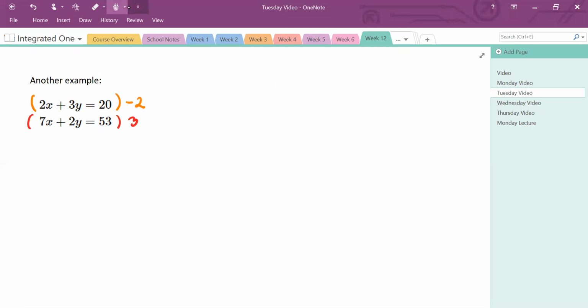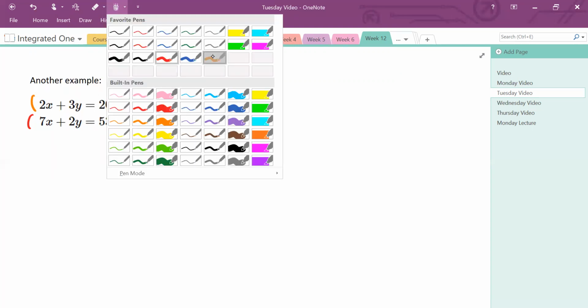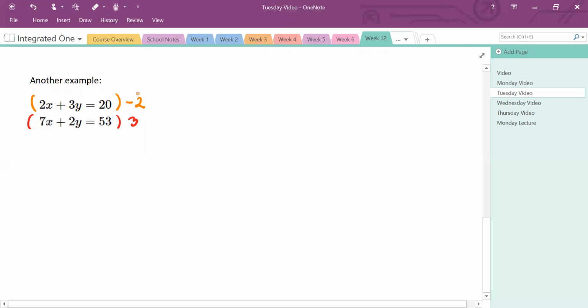All right, let's do that. My top equation: if I multiply negative 2 times 2x, I get negative 4x. Negative 2 times 3y is negative 6y, equal to negative 2 times 20, which is negative 40.